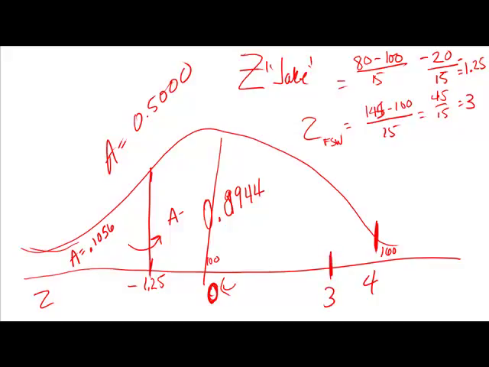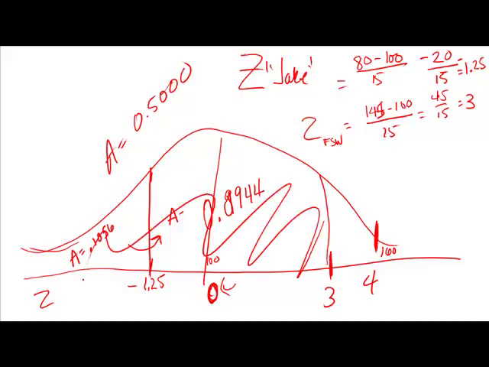My chart does have 3 on it. This area is equal to 0.9987. Still pretty small. It's basically 13 out of 10,000.